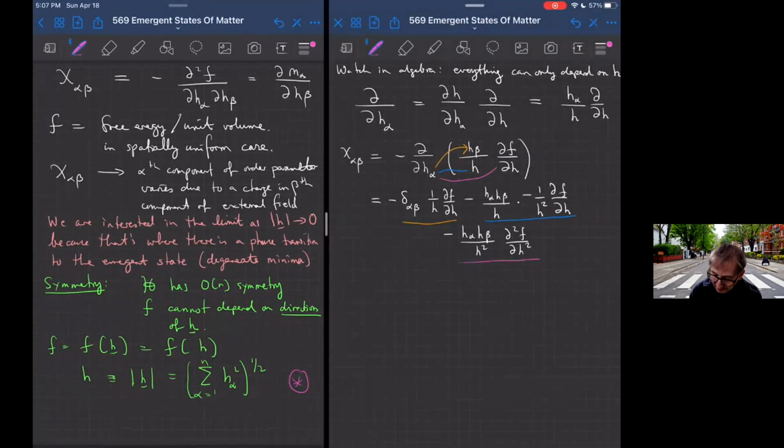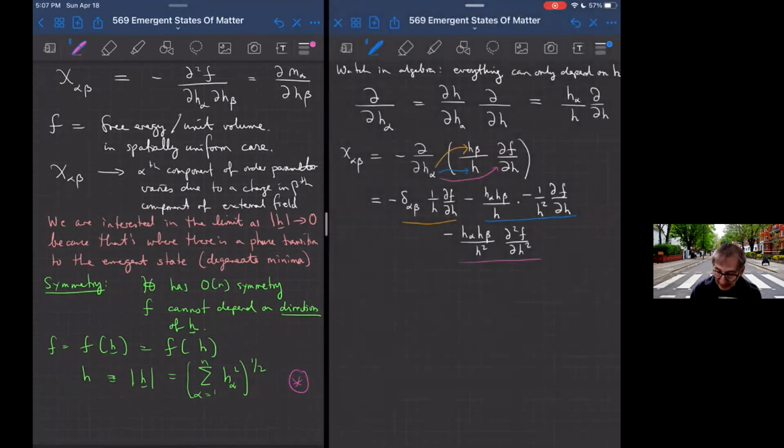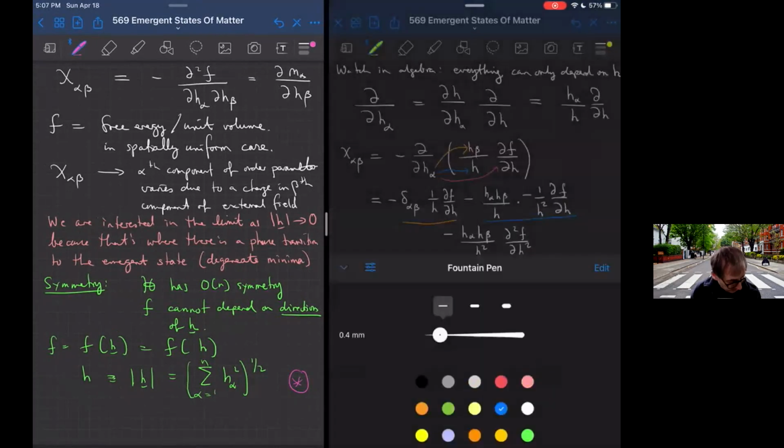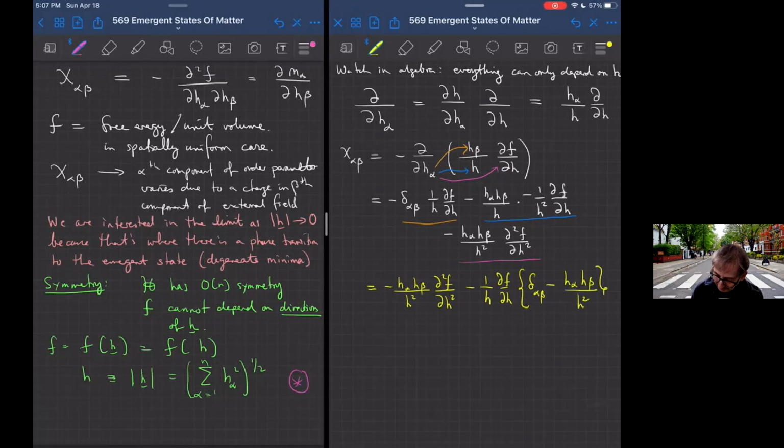So it's quite easy to see where all these things come from, and I can put it all together, and so that gives me minus H_alpha H_beta over h squared d2F/dh squared, minus 1 over h dF/dh times delta_alpha beta minus H_alpha H_beta over h squared.